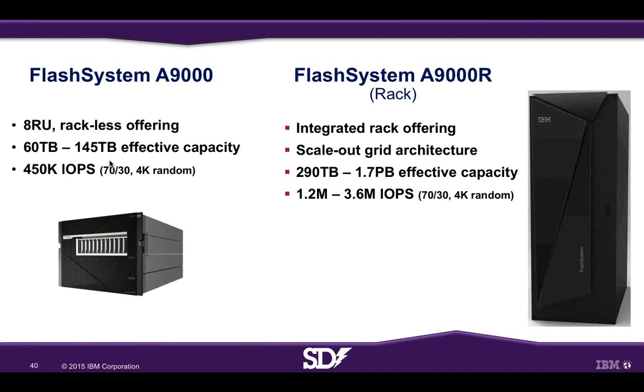Inside there we put the XIV grid infrastructure over it, and that gives us compression and deduplication, plus provisioning, replication, encryption, everything you need for a production class environment. And it does that at a 0.5 millisecond response time.